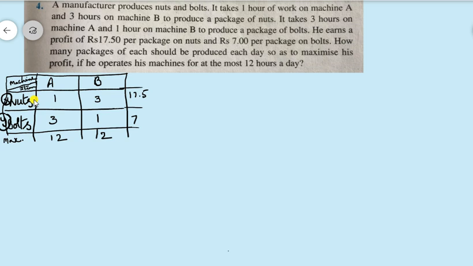For manufacturing 1 packet of nuts, machine A has to work 1 hour, machine B has to work 3 hours. Profit on nuts is equal to 17.5 rupees. For production of 1 packet of bolts, machine A has to work 3 hours, machine B has to work 1 hour. Profit on 1 packet of bolts is equal to 7 rupees.